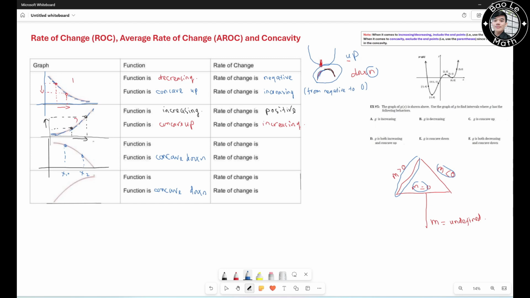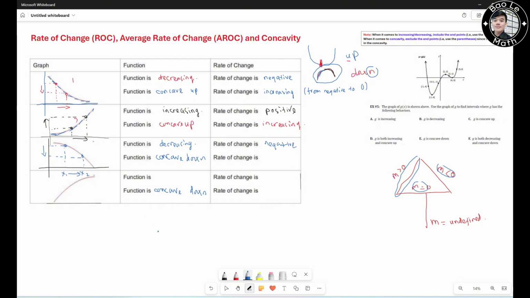You see that x goes to infinity and the y value is going down right here. So the function is decreasing because the y value is decreasing. Now, because the function is decreasing, the rate of change is negative.